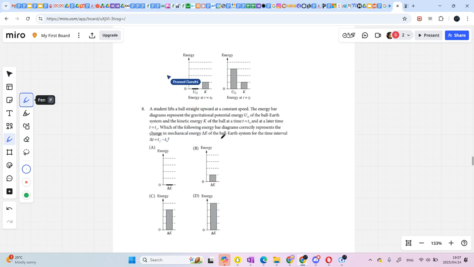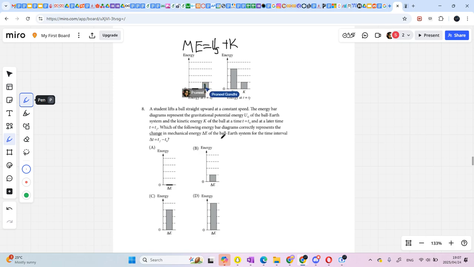So, conservation of mechanical energy. The total mechanical energy is equal to the gravitational potential energy plus the kinetic energy of the ball. And so we can just count units.